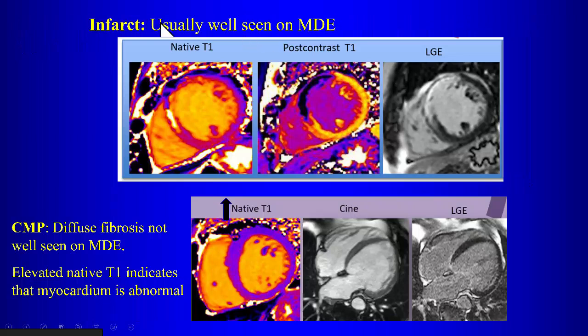So with myocardial infarction, the area of enhancement is usually pretty easy to see, but when you have diffuse fibrosis from non-ischemic cardiomyopathy, we do not see the delayed enhancement. But this is where looking at native T1 times can be helpful, because here the native T1 times of the myocardium will be abnormal. It's elevated in these cases, so we suspect the patient has diffuse fibrosis. Okay?